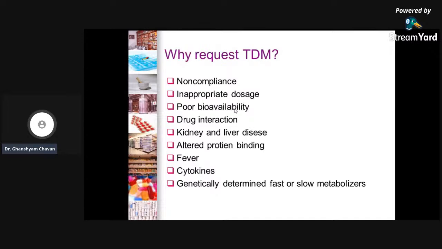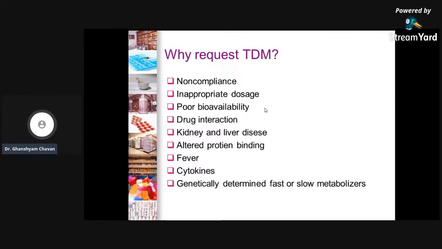Next is poor availability. This is also one of the problems, because not all bodies show the same response. That depends on person to person variation. Some people show good bioavailability, and in some patients you will get less bioavailability. That will also be checked by doing this TDM. If we start TDM, we have to take the blood sample according to our protocols, our SOP.